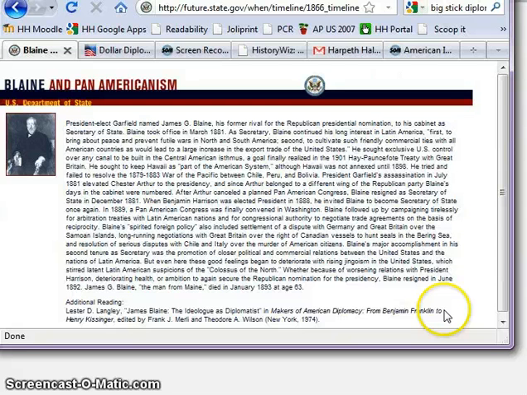Pan-Americanism is essentially the idea that America should be interested in Latin America to help prevent them from getting into wars that they don't need to be involved in, either civil wars amongst each other or with other European nations. And secondly, that we needed to be interested in order to cultivate friendly commercial ties, as he says.